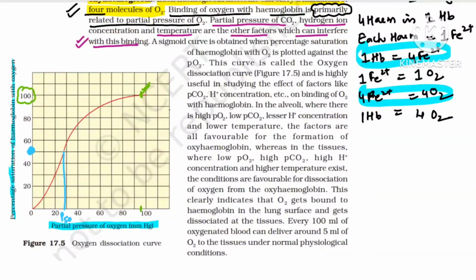not only oxygen, other factors also play a role: carbon dioxide, hydrogen ions, temperature. So when the carbon dioxide partial pressure increases, protons increase, and temperature increases, the curve shifts to the right side.